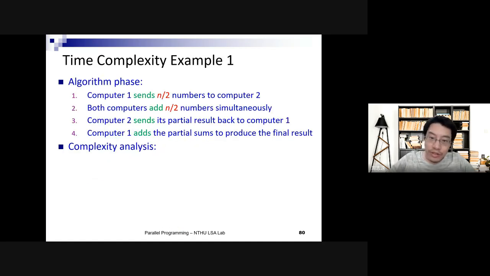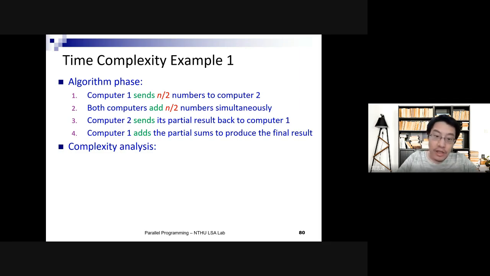So let's just use a simple example to check our definition and demonstrate how we could analyze a parallel program. Okay? So this is a very, very simple example, right? We simply have two computers, and each of them has half of the numbers. And we want to compute the sum of all those numbers across the two computers.